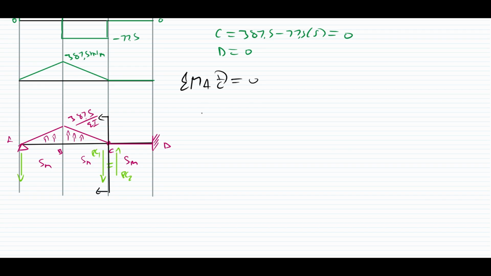Now let's put our reaction first. It's going clockwise, so we have your RC1 times 10, and then these ones are going anti-clockwise, minus, let's put the EI outside.